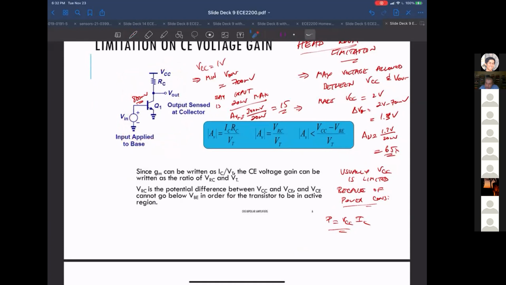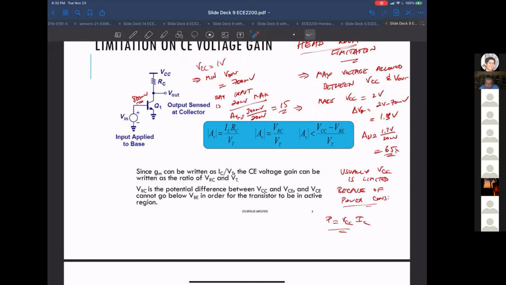This is important if you've got this thing in a portable device, like a cell phone, a smartwatch, or a pacemaker inside your body, because you're going to drain that battery faster. Going from 1 volt to 2 volts, all things being equal, your battery is going to drain twice as fast.